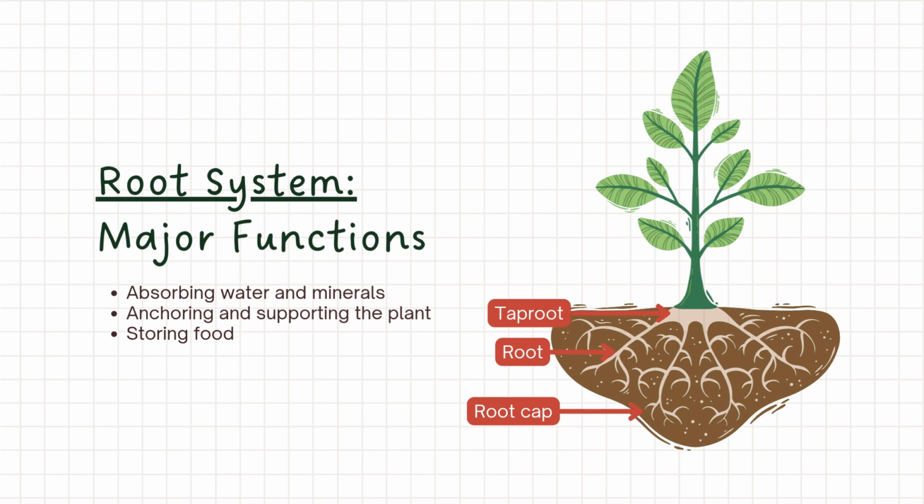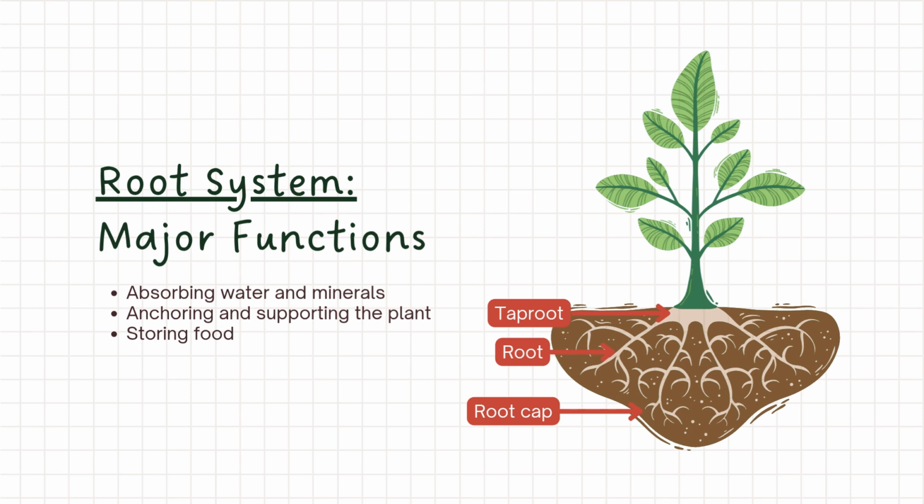Second, the cortex, which stores food. And third, the endodermis, controlling flow into the center. The pericycle, which makes lateral roots. And finally, vascular tissues, xylem and phloem, to transport water and nutrients.